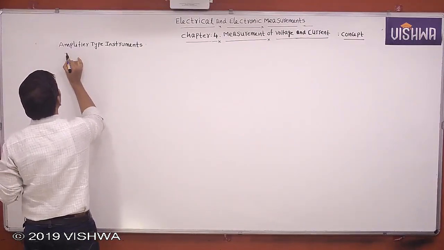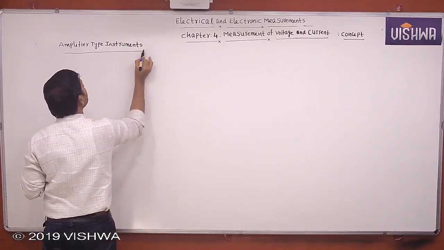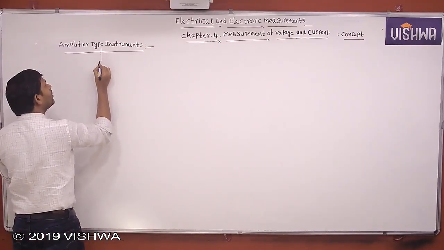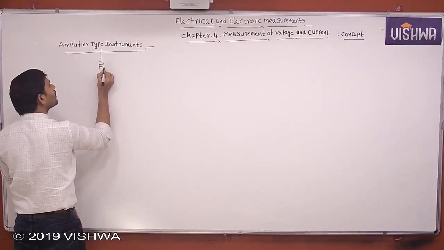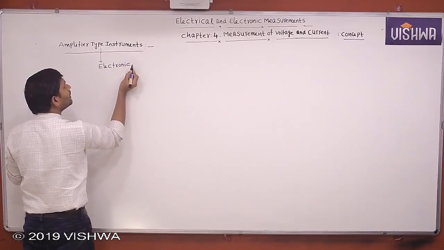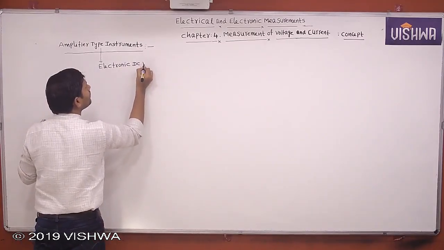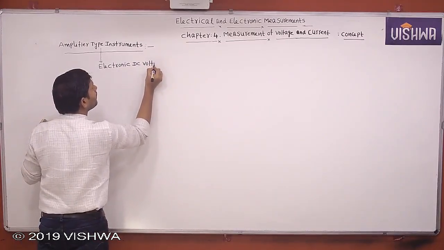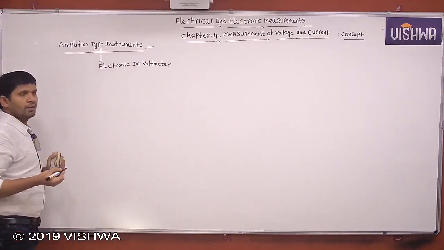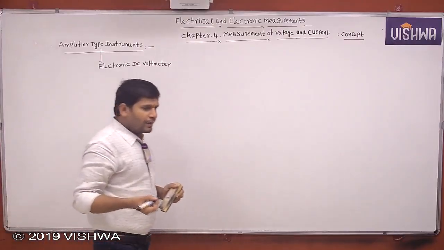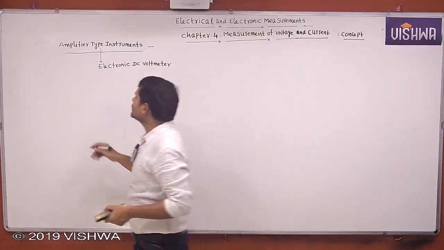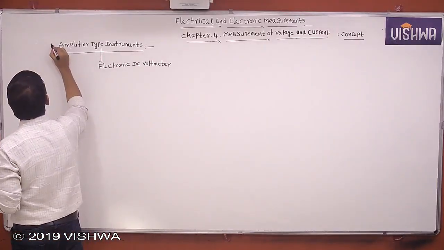With respect to the amplifier type instrument, it is also called the electronic DC voltmeter. Already, for measurement of DC voltages, a more accurate and more sensitive instrument, the PMMC, is there.